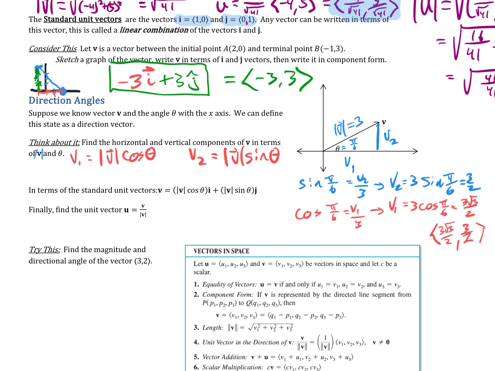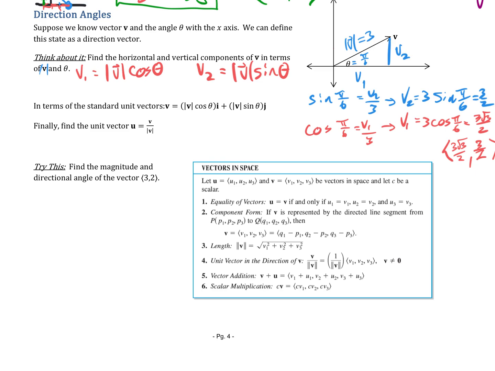Remember, recently we did our polar graphing, and that's just the x and y conversion from polar: the radius times the cosine, radius times the sine. So nothing terribly new. We can write that in standard unit vectors like this: the magnitude times the cosine times i plus the magnitude times the sine times j. And finally, we can find the unit vector by taking v divided by the magnitude of v.